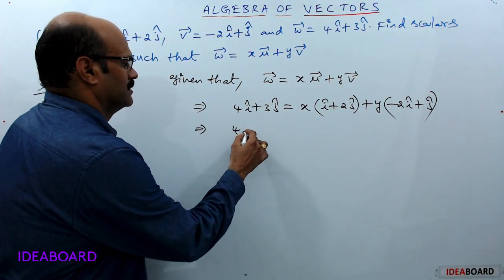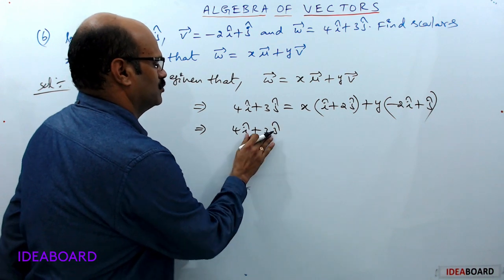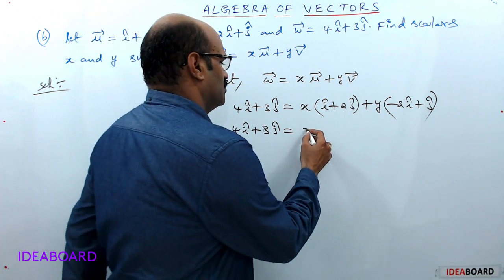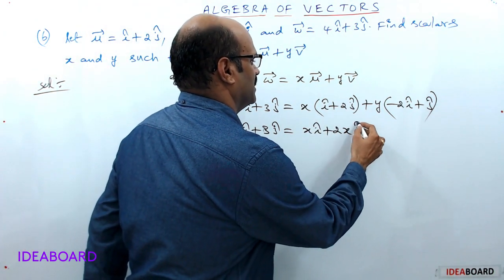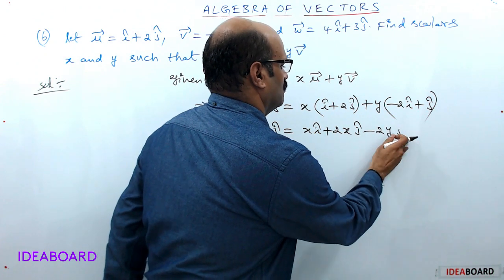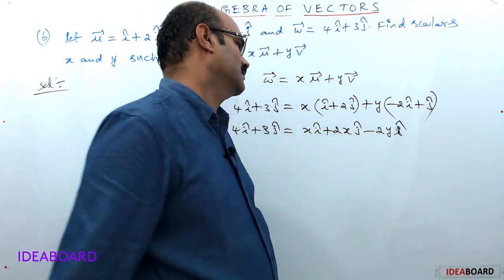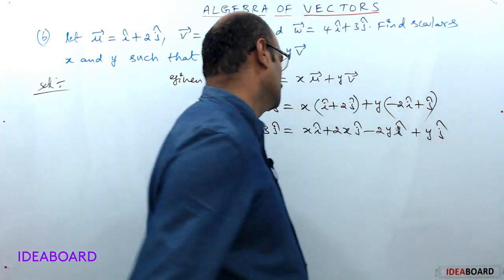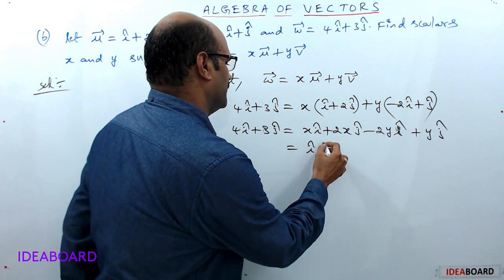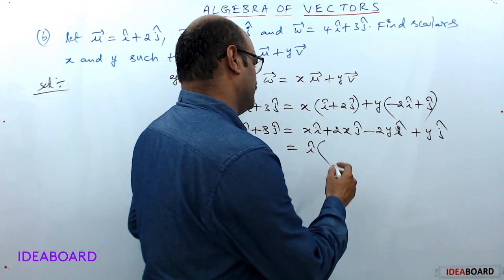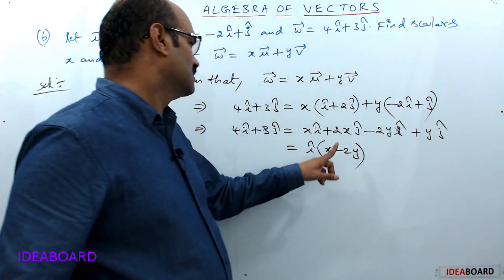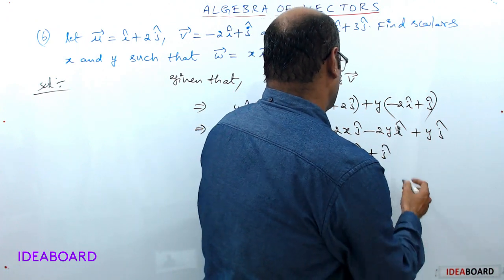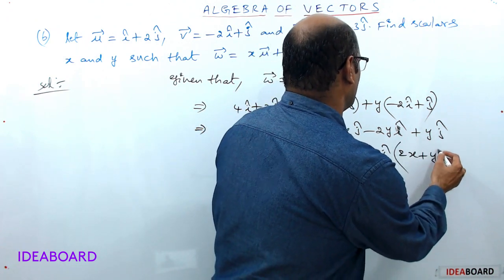It implies 4i cap plus 3j cap equal to x into i cap plus 2x into j cap minus 2y into i cap plus y into j cap. Now take i cap common, x minus 2y. Next take j cap common, 2x plus y.